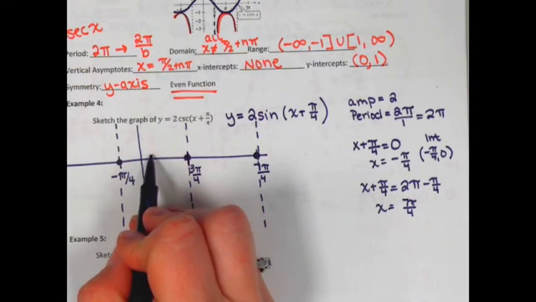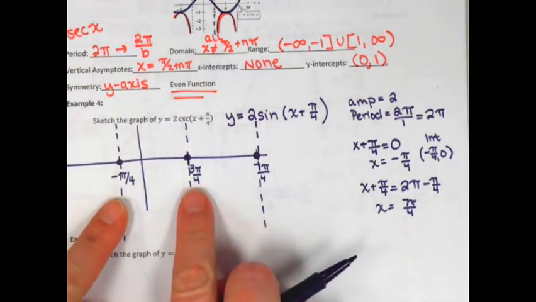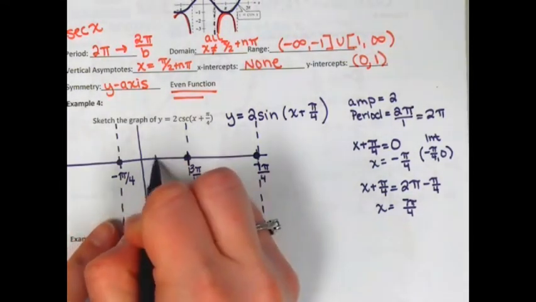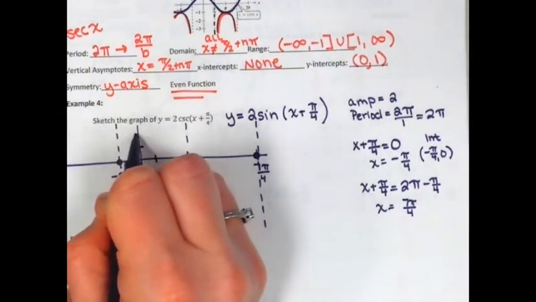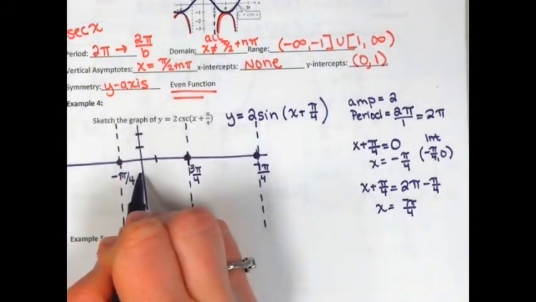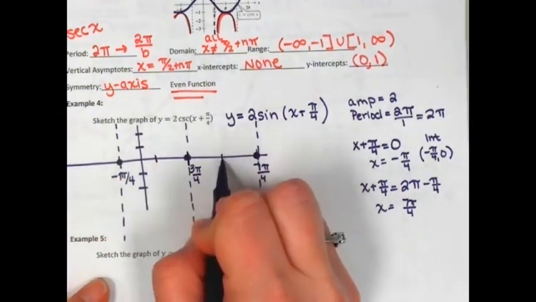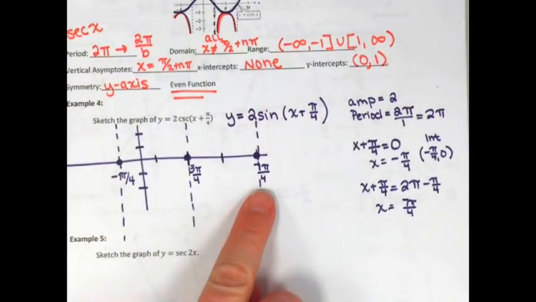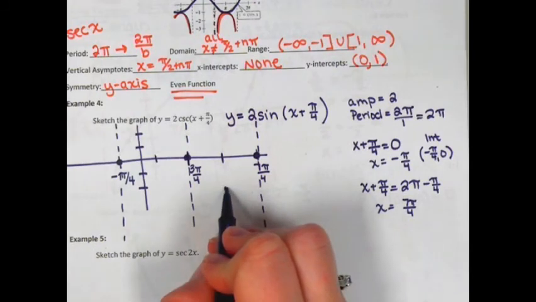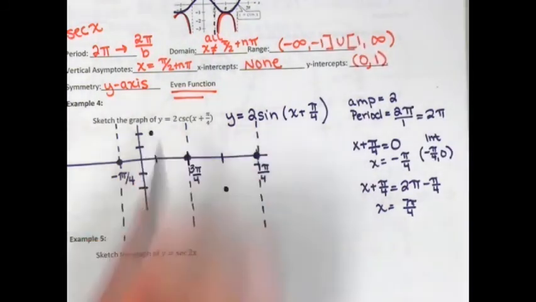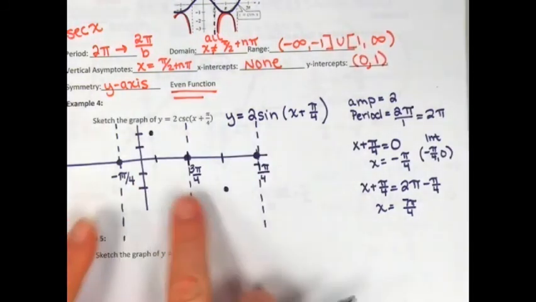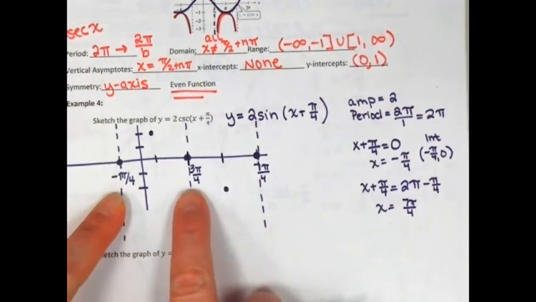Now, in the middle of negative pi over 4 and 3 pi over 4, we will have a maximum, right? You guys okay with that? And between 3 pi over 4 and 7 pi over 4, won't we have a minimum? So let's go ahead and find those values. What is the middle of negative 1/4 and 3/4?